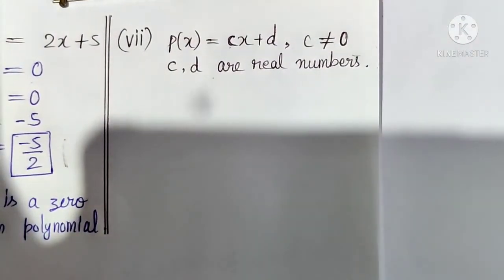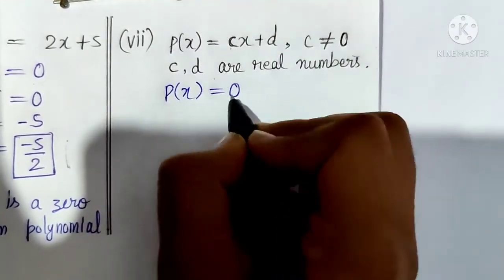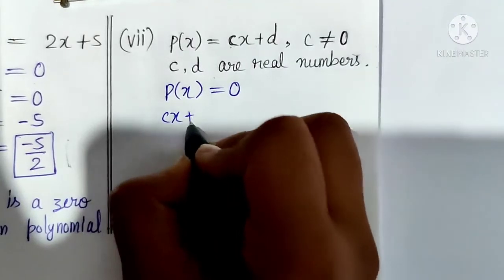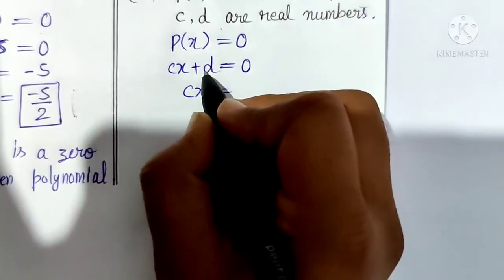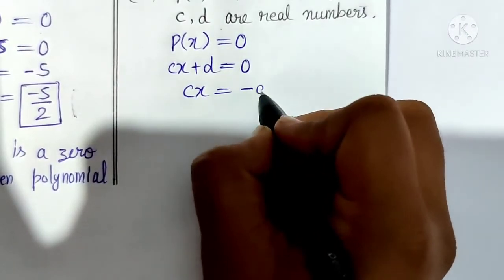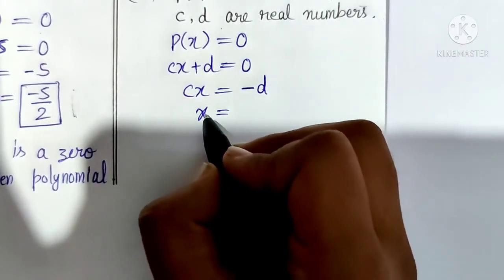So we can solve it as we are solving the other parts. We put p(x) equals 0. Now what is p(x)? cx plus d. So cx plus d equals 0. We will keep cx here only, and this d we will bring to the right hand side, so it becomes minus d because it was plus d. Then we will keep x here only because we have to find the value of the variable x.